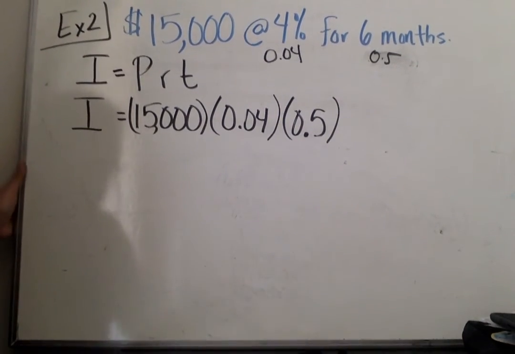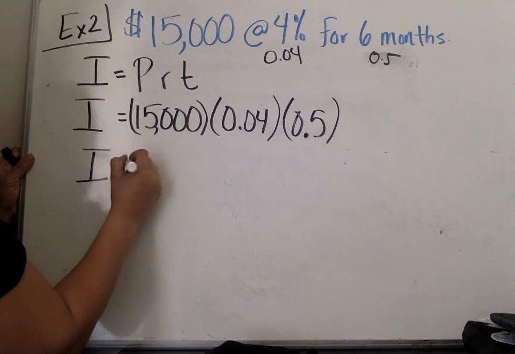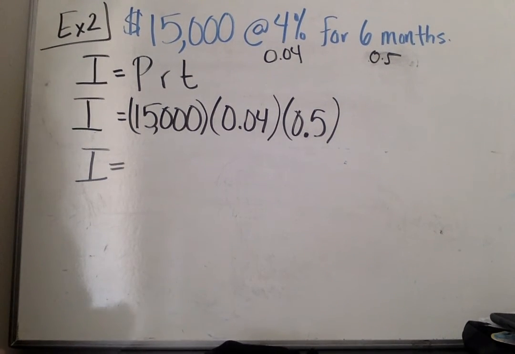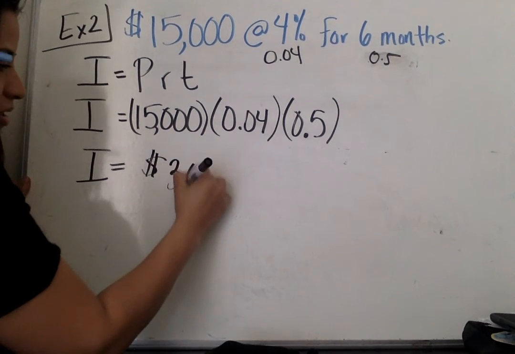Then we are just going to go ahead and type all of that into the calculator. And when we type that in, we get $300.